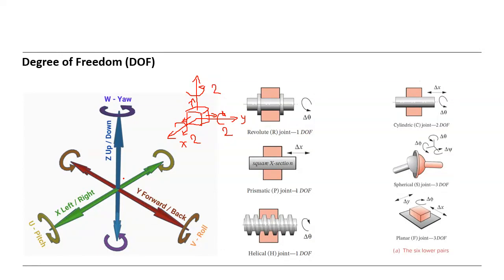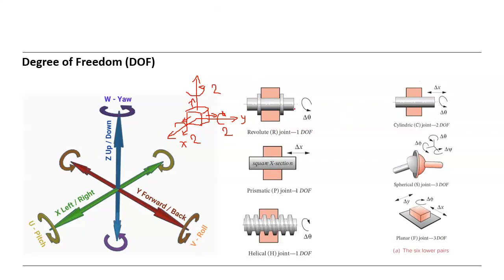But in a machine, we don't allow all members to move in any direction. If all the members in the machine start to move in any direction, you cannot do the work. So we have to restrict some of them. And we define the degree of freedom.